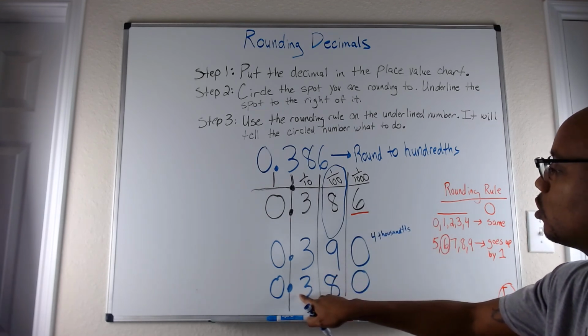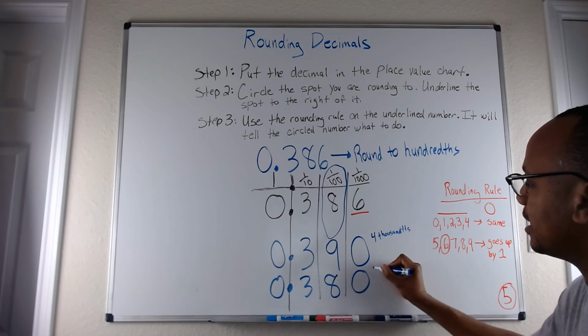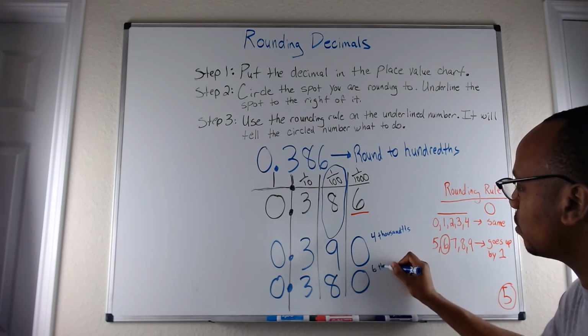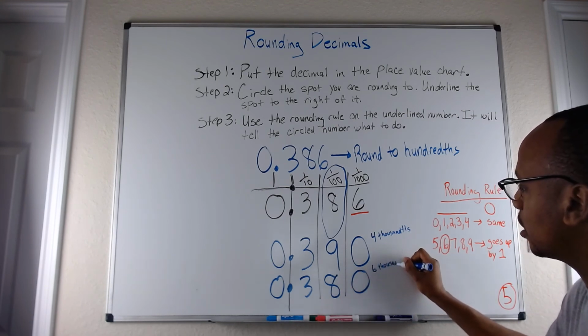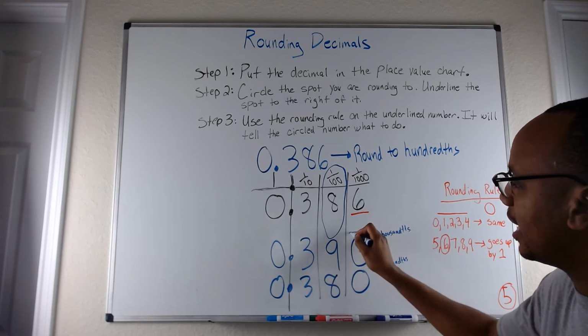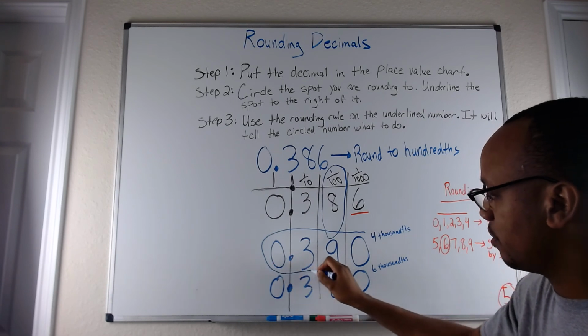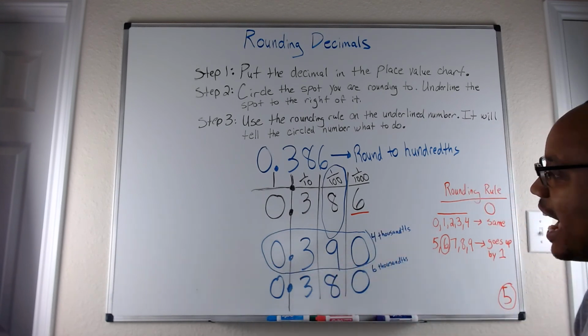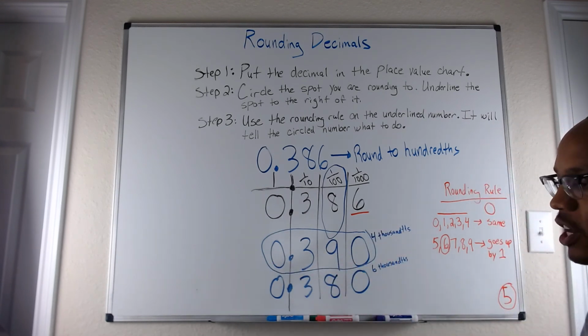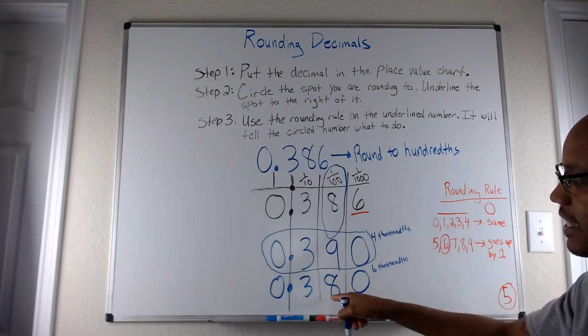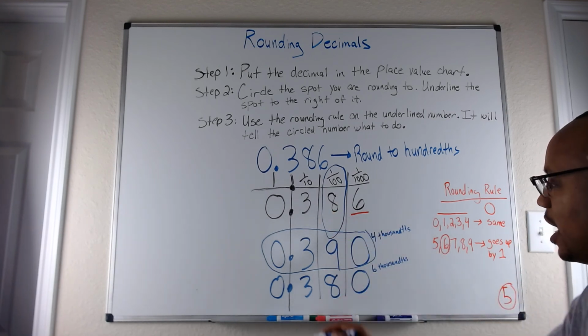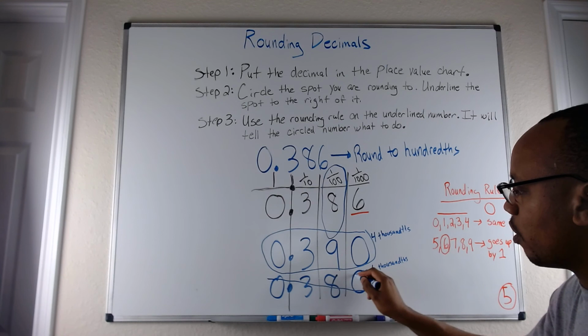Well, 380 thousandths is 6 thousandths away. So it makes sense that this is my answer because it's actually closer than the alternative answer with the 8 staying the same. All right? So we know that's wrong.